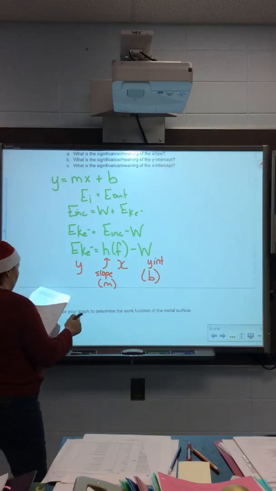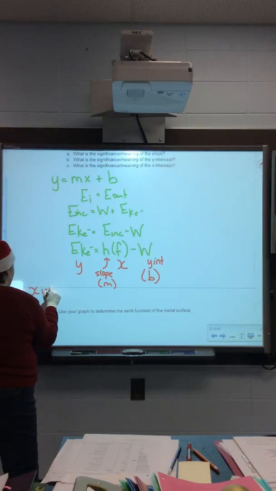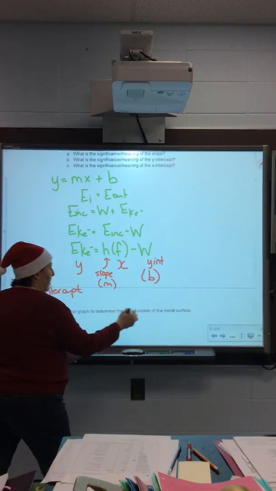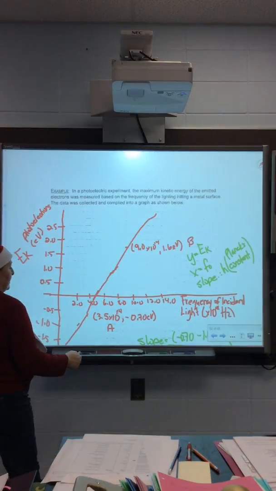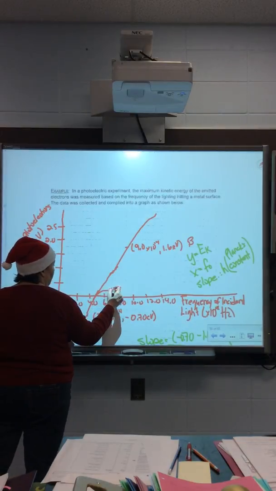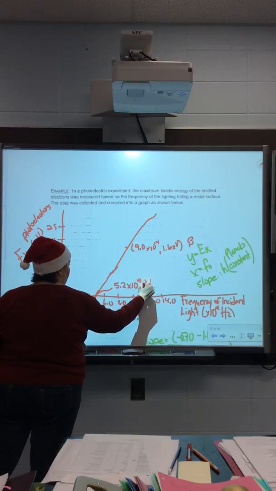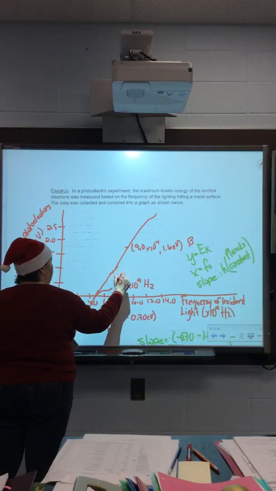So the x-intercept, when we go back to our graph here, we can see where it crosses. This is the x-intercept.